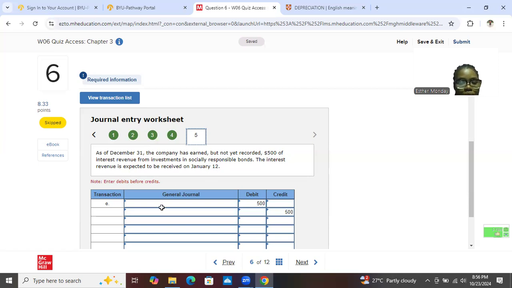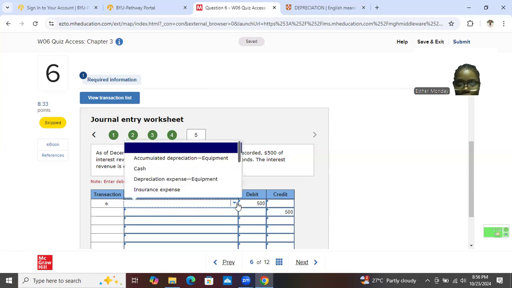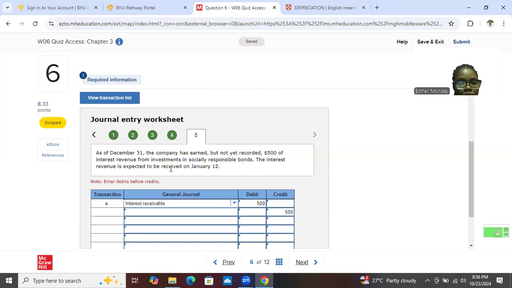So here we are going to put down our interest receivable, since it has not yet been received. It is just waiting to be received on January 12th, so it will fall under interest receivable.